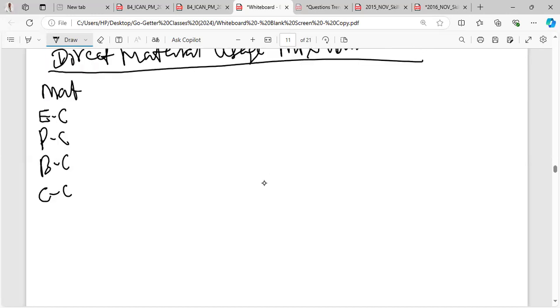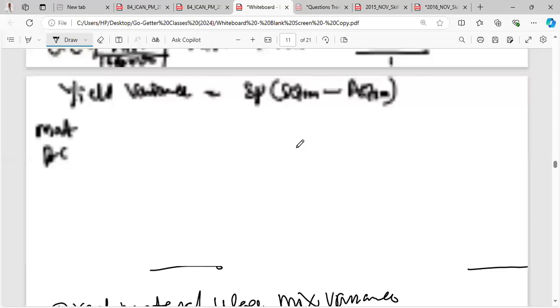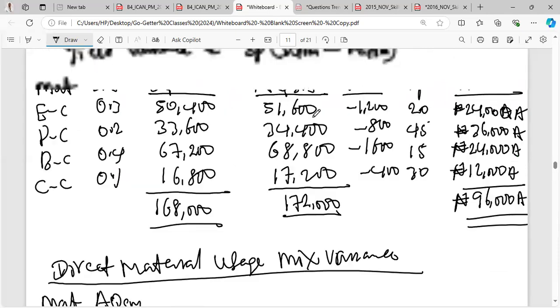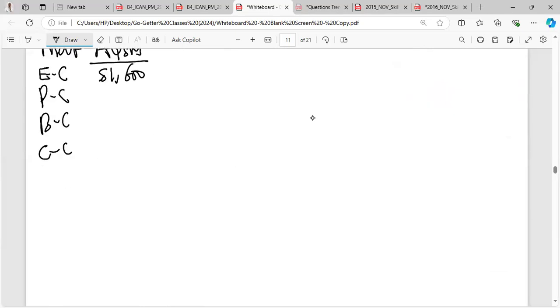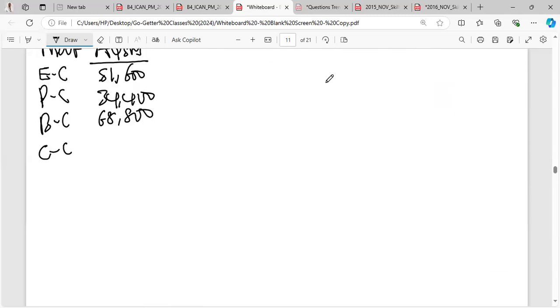We have actual quantity, standard mix, which we have here as 51,600, 34,400, 68,800, and 17,200.